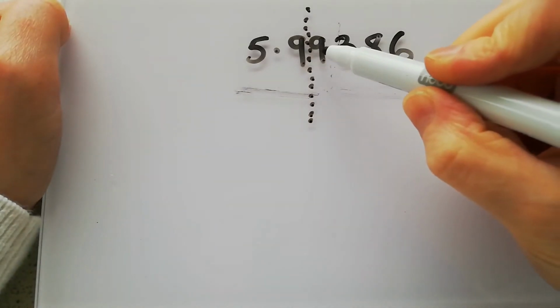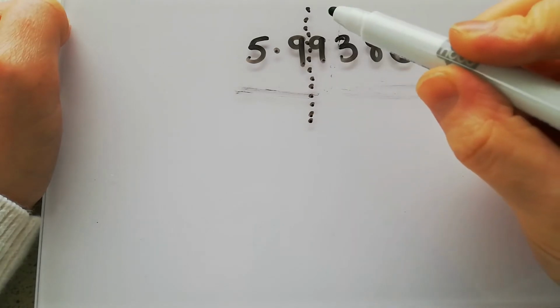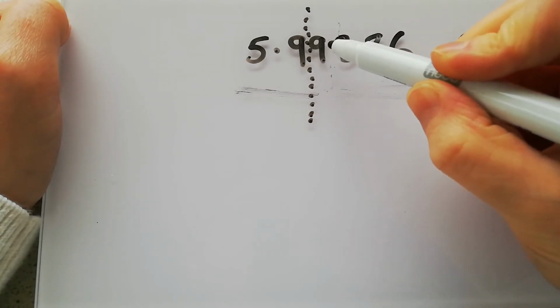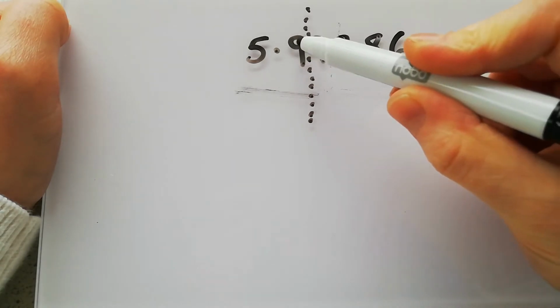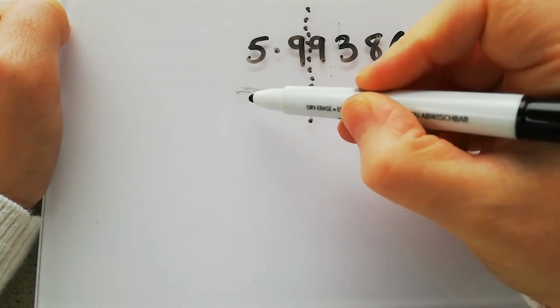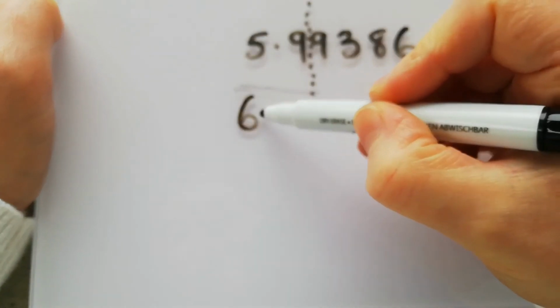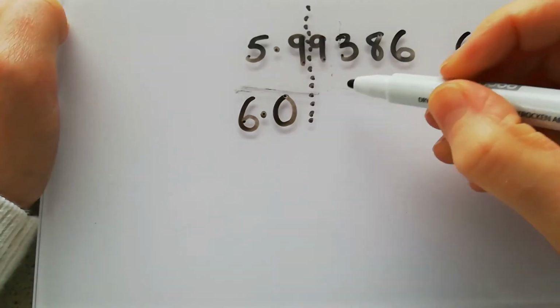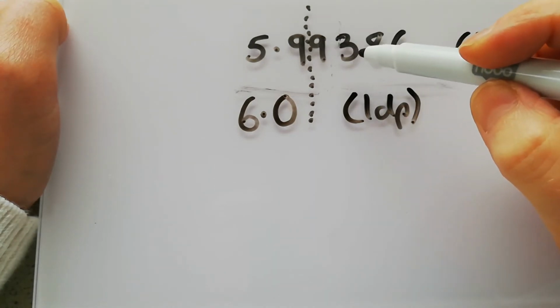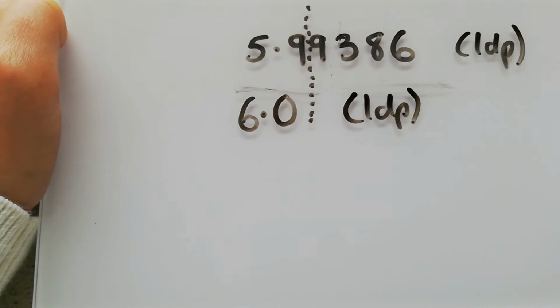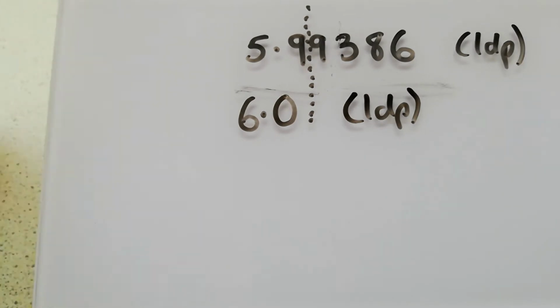And to the right of the cut, we've got a 9, which is bigger than 5, which would mean that that 9 would get moved up by 1. But we can't move from a 9 to a 10. We have to go up to 6.0. So to 1 decimal place, 5.99386 is actually 6.0. So they can be a little bit tricky when they've got 9s involved.